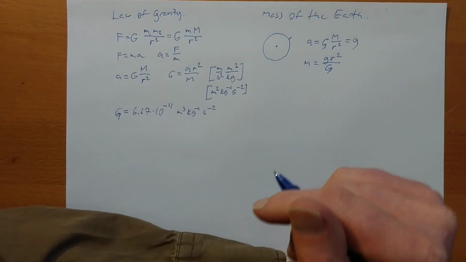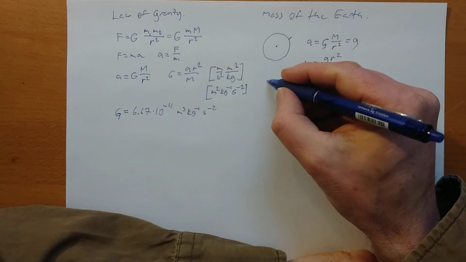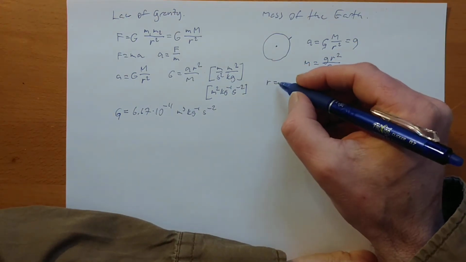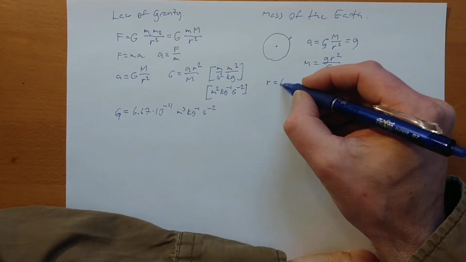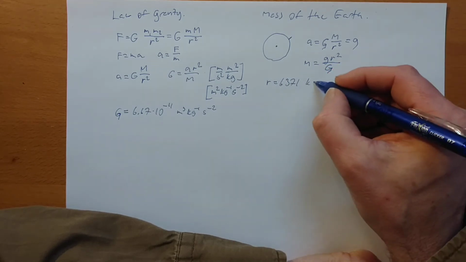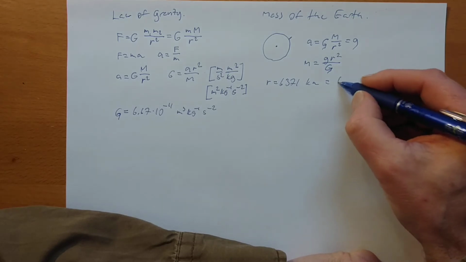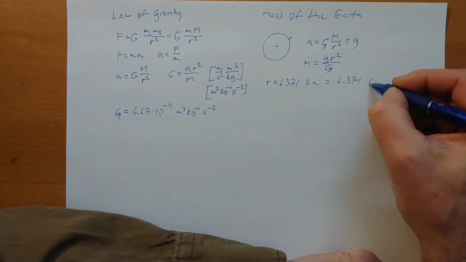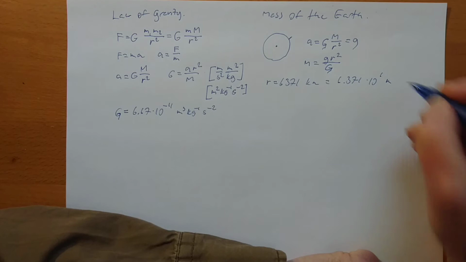And if we Google for the radius of the Earth, we will find that the average radius is 6,371 kilometers, or 6.371 times 10 to the power of 6 meters.